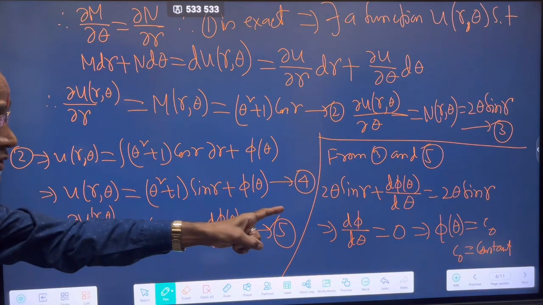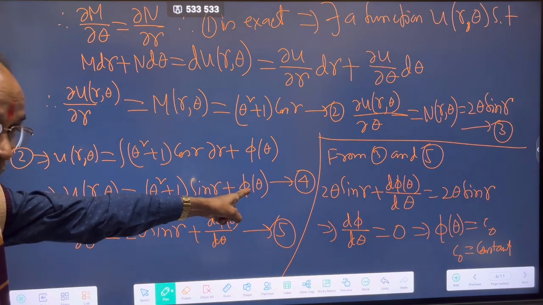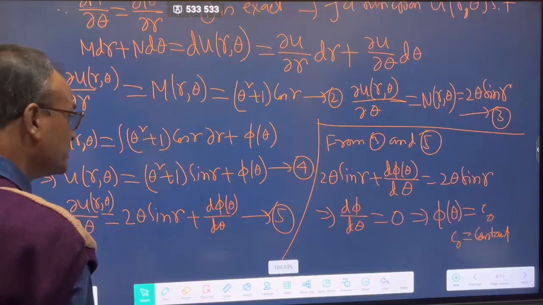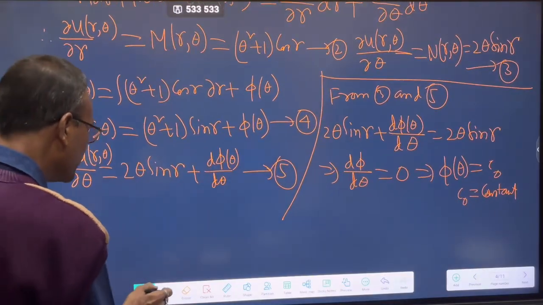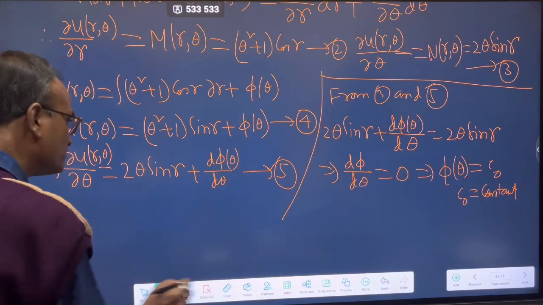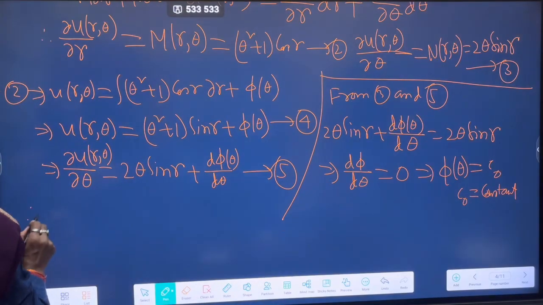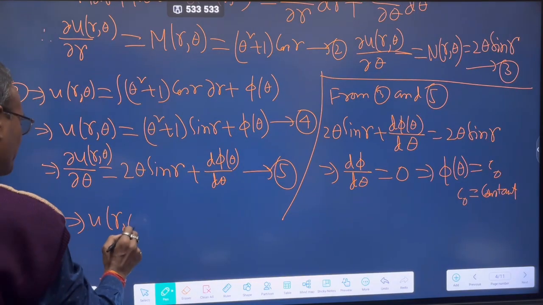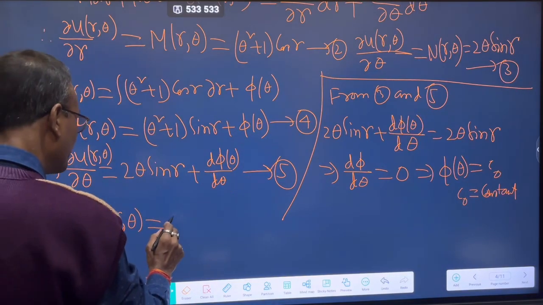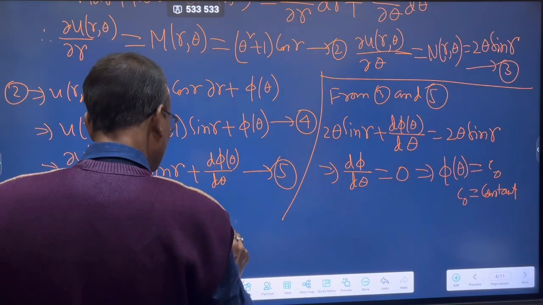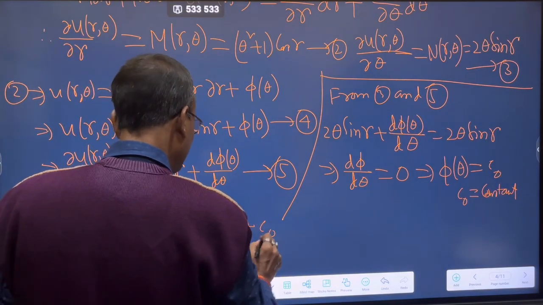Now substitute this value of φ(θ) in 4. If you substitute this value of φ(θ) in 4, we get u(r, θ) equal to (θ² + 1) sin r plus C₀.